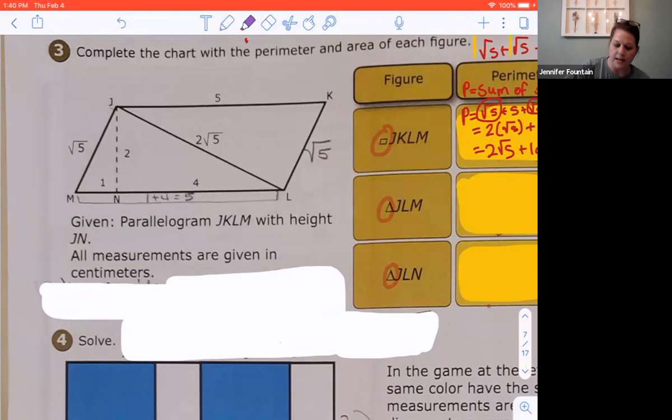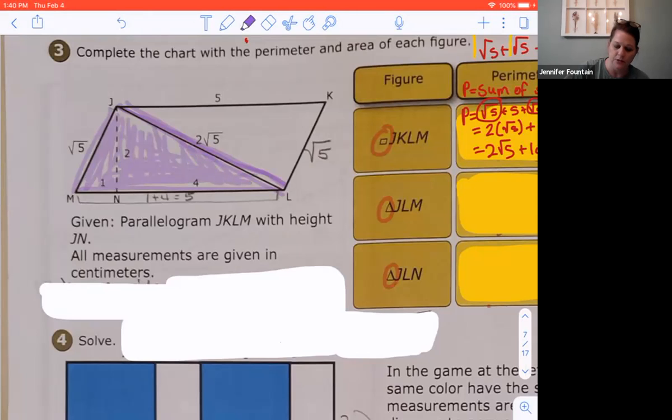All right, JLM. Remember, one of the things about naming figures is I can always figure out exactly where I'm going if I just follow the letters in order. So I'm going ahead and draw in a line from J to L. Now I'm going from L to M. Okay, so now I can see that this is the triangle I'm talking about.